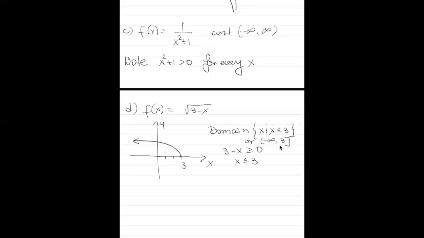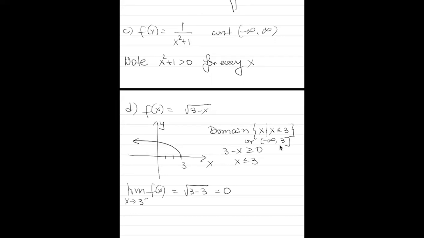And so let's explore the limit of the function for x approaching 3 from the left, because that's where it's defined, for smaller values than 3. Well, substitute directly, square root of 3 minus 3, and it's 0.